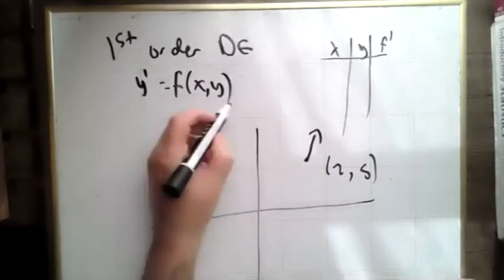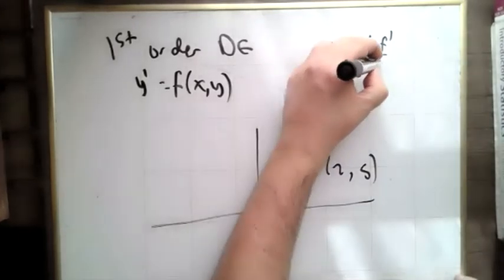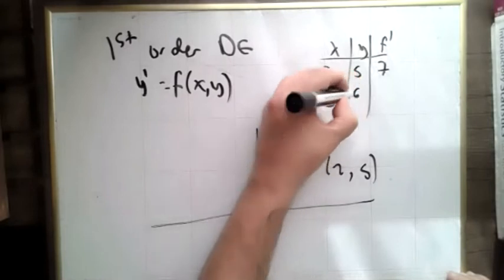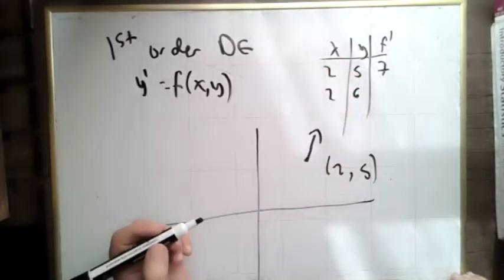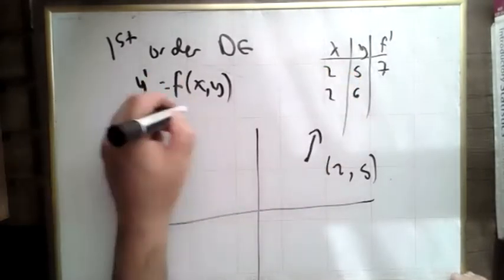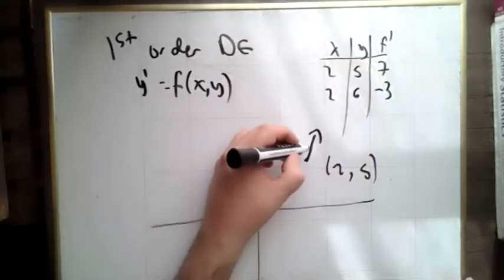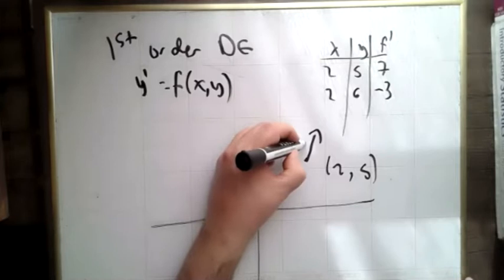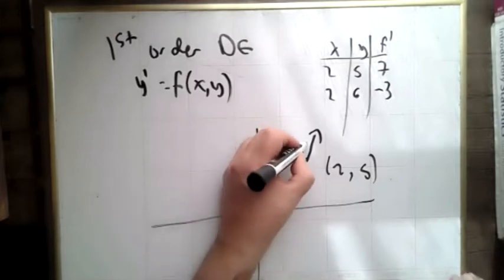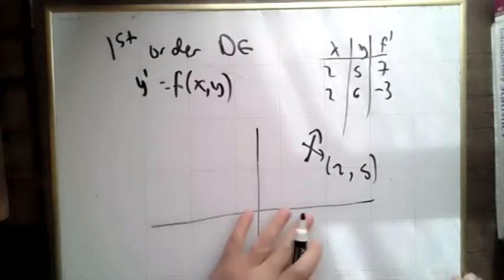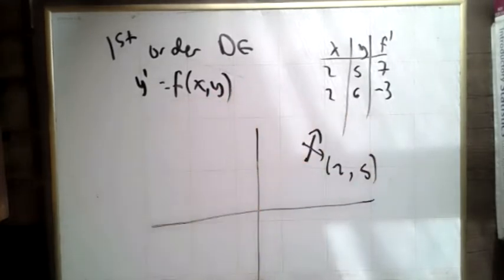And maybe we plug in the point 2, 6, and we plug that in here, and maybe we get -3. So then at the point 2, 6, we're going to graph a unit vector of slope -3. And we're going to do that all over the plane. We're going to plot a whole bunch of these, and that's called a slope field.